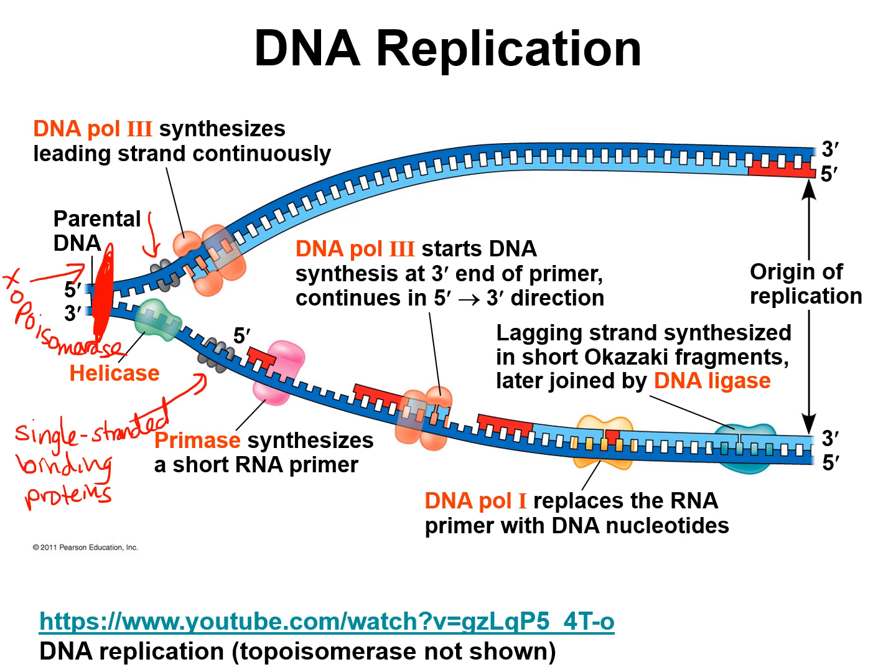Now we have something to start with, and then DNA polymerase 3, which is actually all the way down here right now, will come in and start adding the DNA nucleotides to make our new DNA strand. And this will be our leading strand because it's just being made in one long continuous piece.